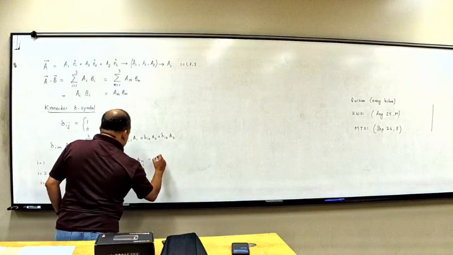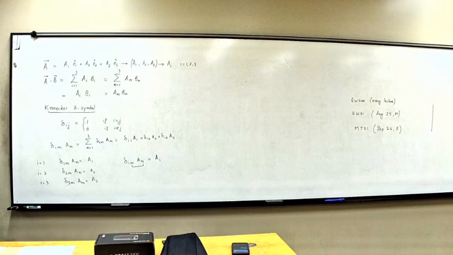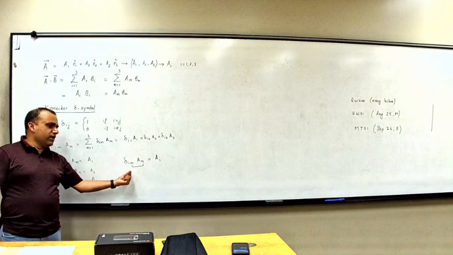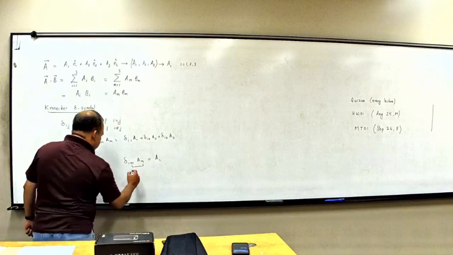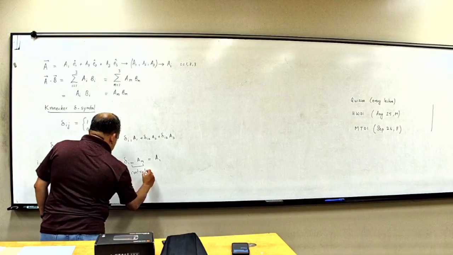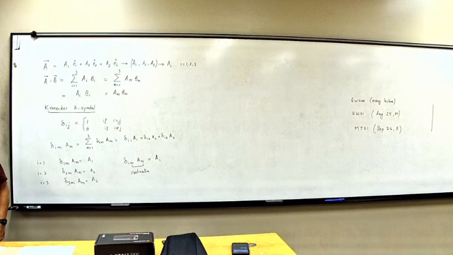This is equivalent to saying this is ai. So whenever you see this expression anywhere, this is called contraction. It just picks the particular component of a vector.